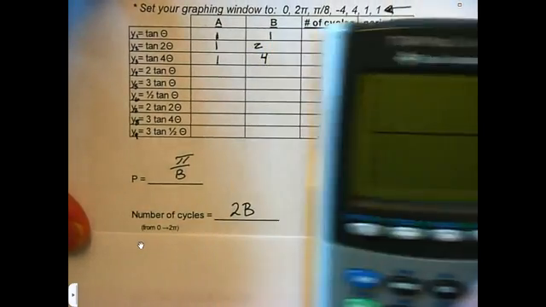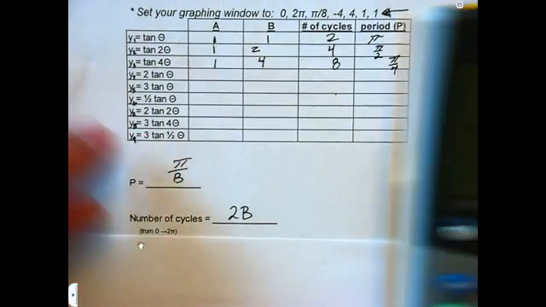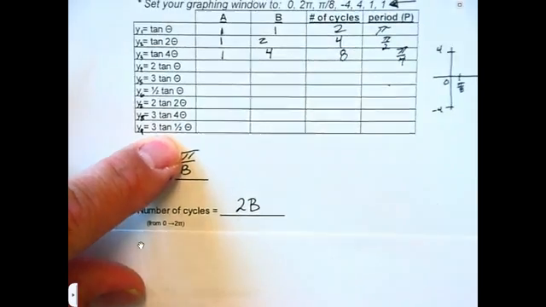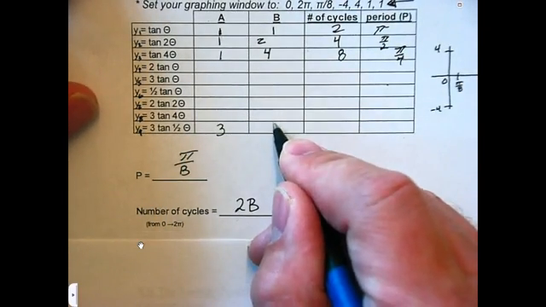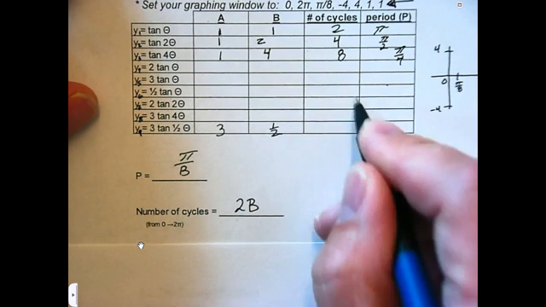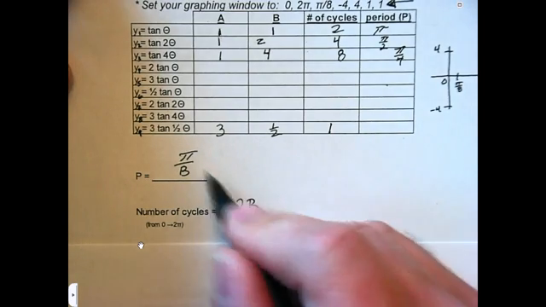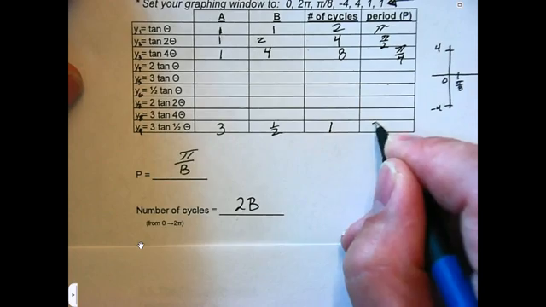So notice we kind of stopped changing b, at least until the bottom here. Let's go down to the last graph. Let's make predictions here. So a is 3, b is 1/2. Therefore, the number of cycles is going to be, you should only see 1 if these are true, and the period is 2 pi.